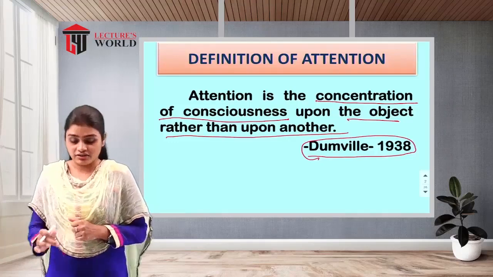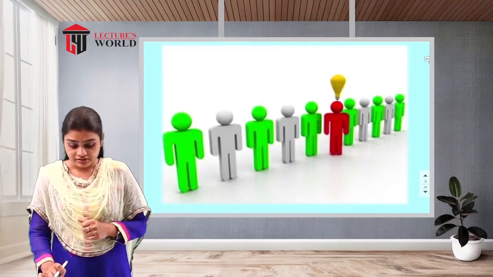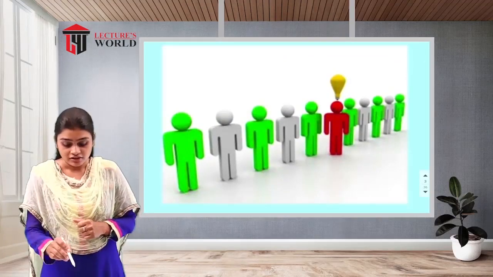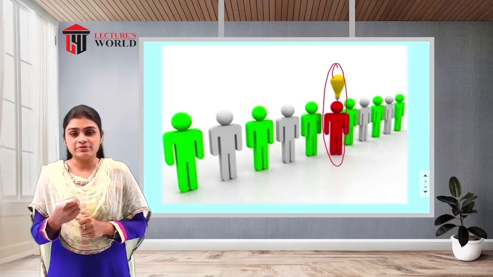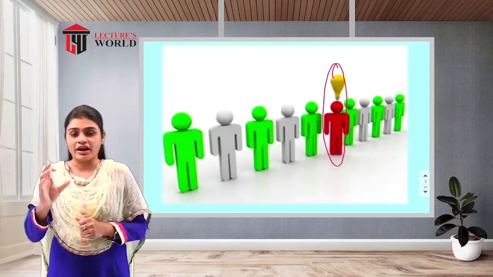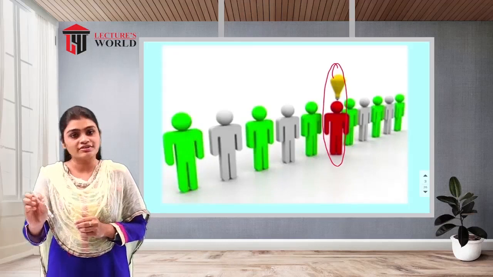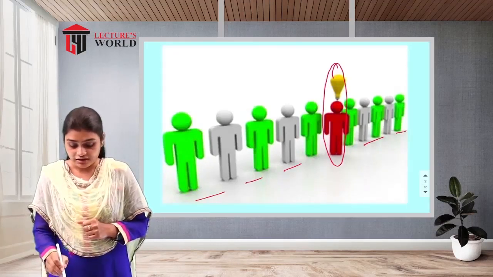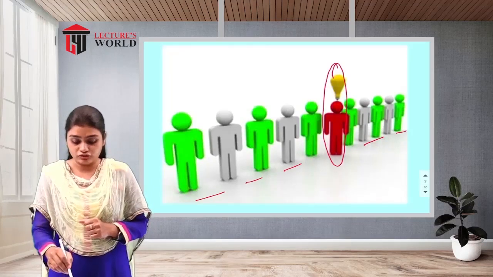After the definition of attention, let's see further. We can understand this image also for attention. Obviously we are attending to one individual only at a time. For example, I am the person who is giving my attention, or focusing my attention, on someone or something. You can see in this image, so many individuals are there, but this individual is different. I am giving my attention to him.